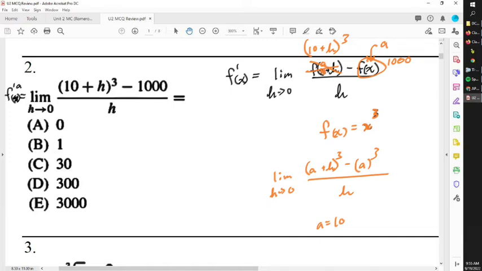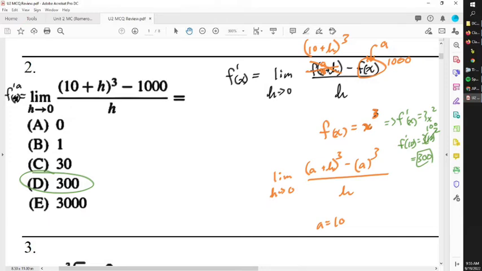Okay, so what do we get? You could just go, oh, this is f prime of x equals 3x squared. And then you can plug in your 10 and find your answer like so. What's 10 raised to the second power? It's 100. 100 times 3 is 300.